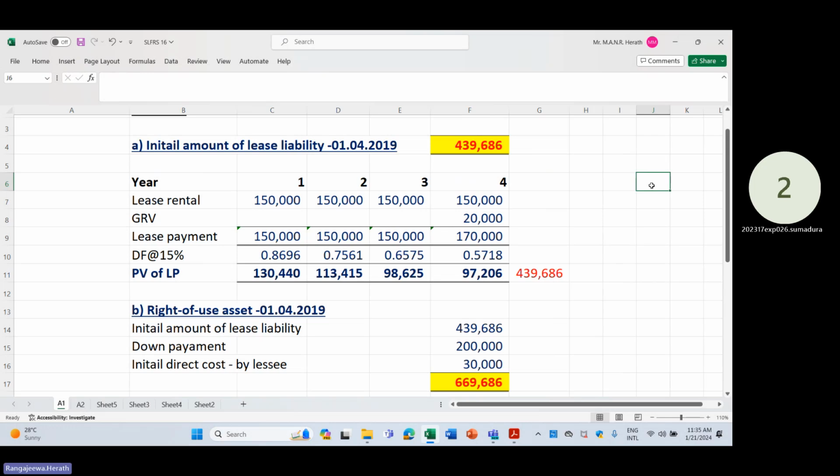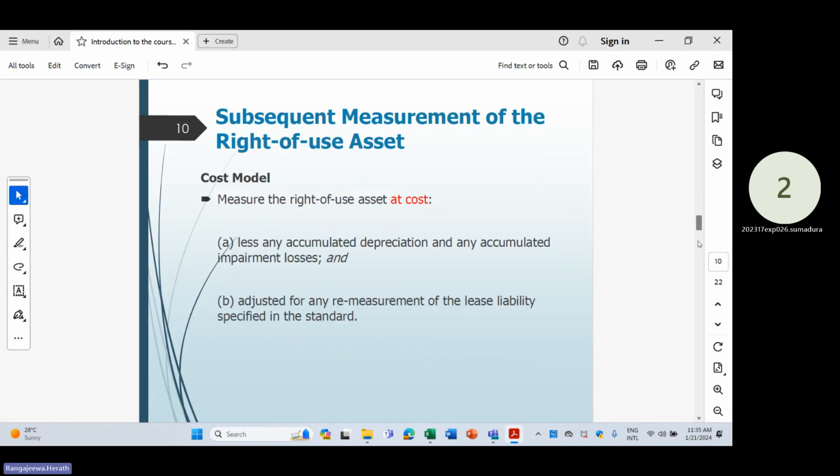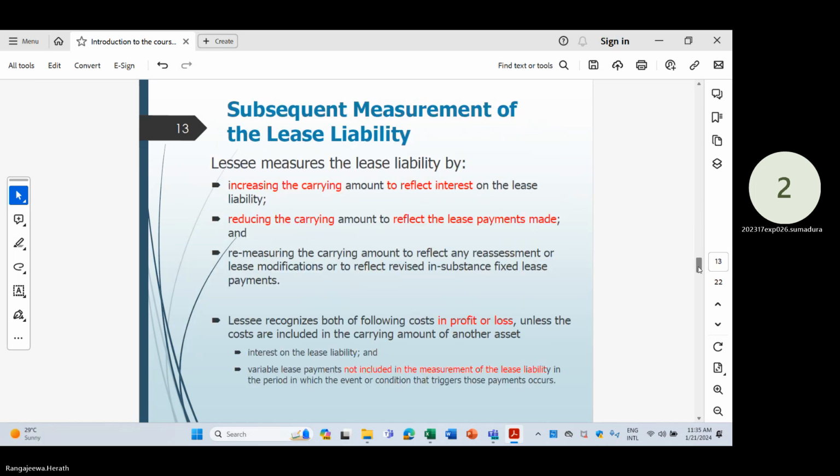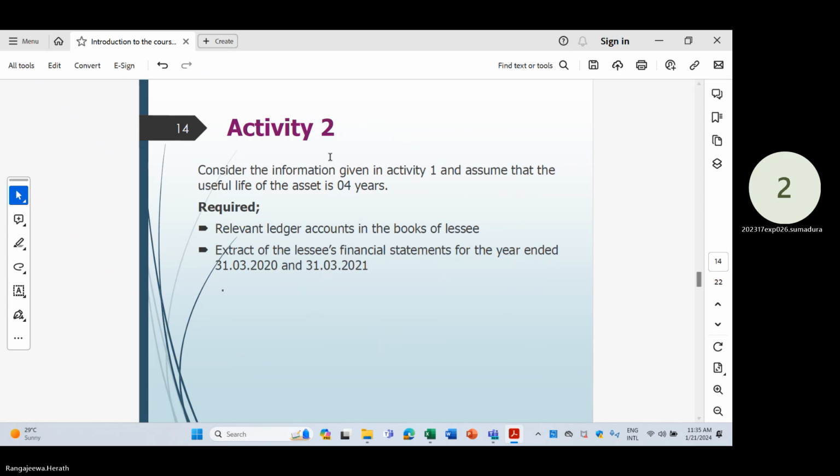Now we can prepare the ledger accounts, right? Activity 2: consider the information given in activity 1. Assume the useful life is 4 years and the lease term is 4 years, so no issue. We can depreciate the asset over 4 years.